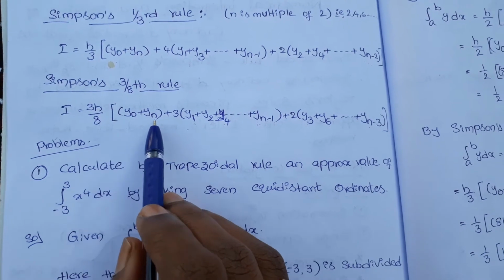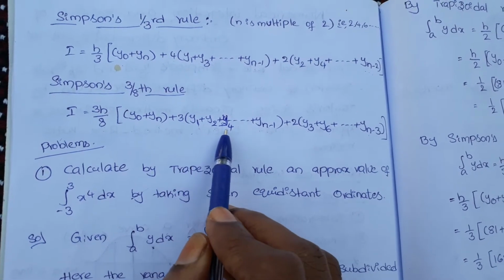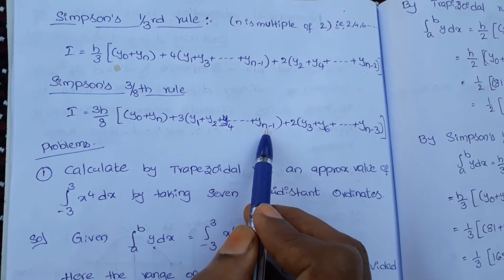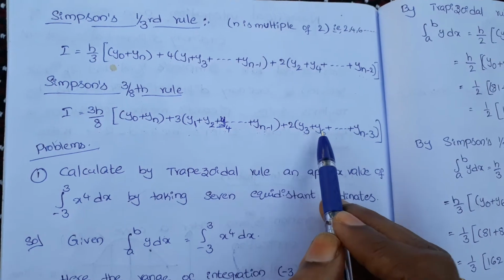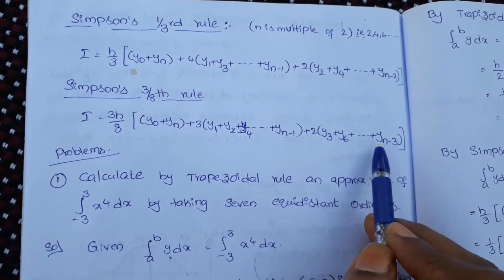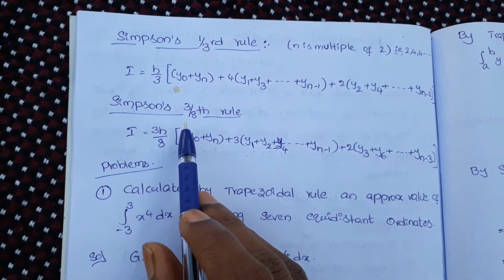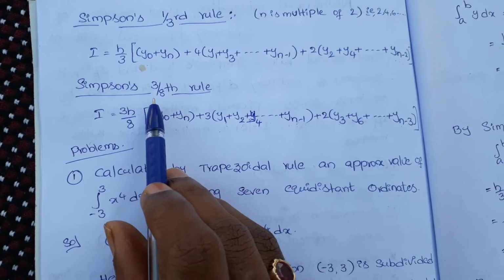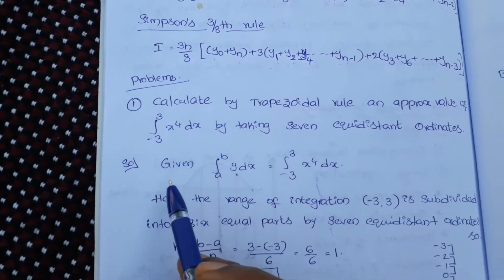That means first value plus last value plus 3 into y1 plus y2 plus y4 plus y5 plus and so on yn minus 1. Because here 2 into y3 plus y6 plus and so on, these are the third multiples. So clear? So that is the formula to find the integral value of the given function between the limits by using Simpson's 3/8 rule. Clear?